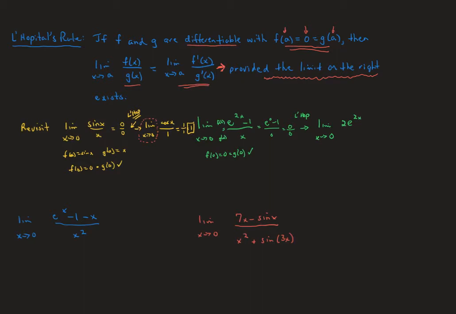The derivative of 1 is 0, and the derivative of x is 1. Now we can direct substitute in the 0, and again, e to the 0 is 1 times 2 is 2, and so our limit is going to be 2.